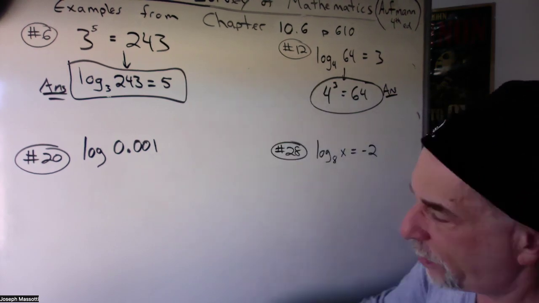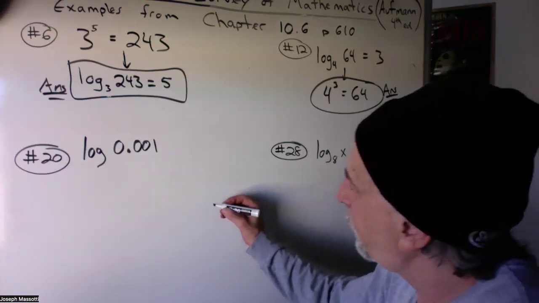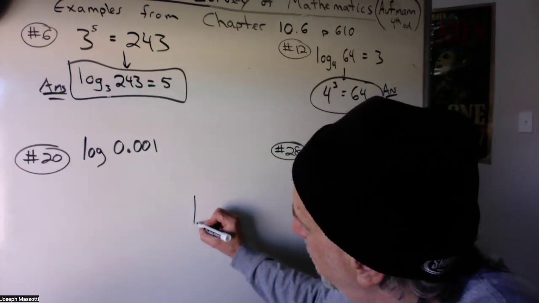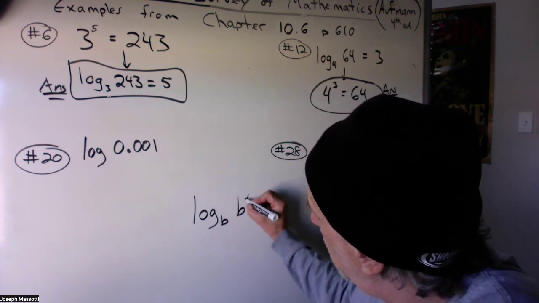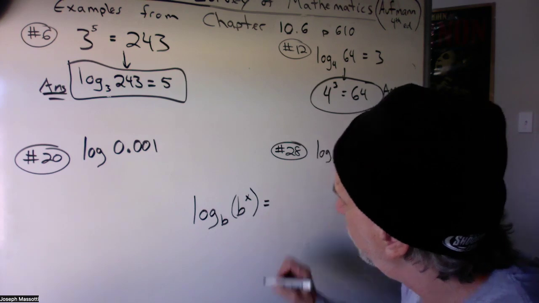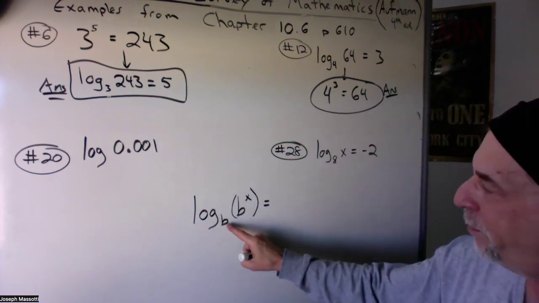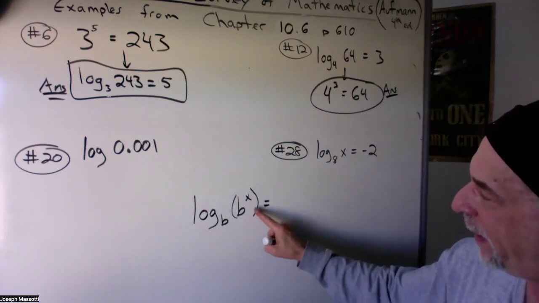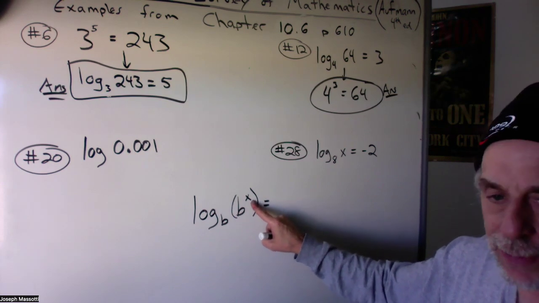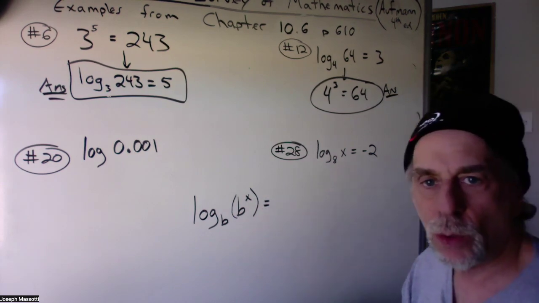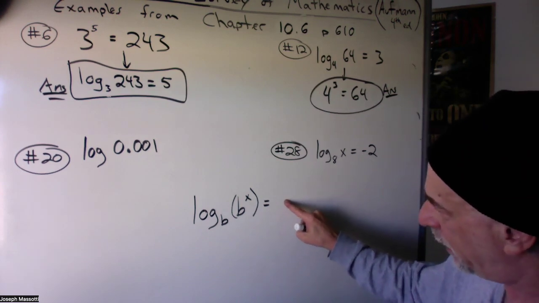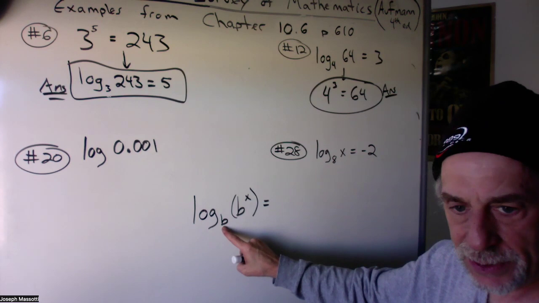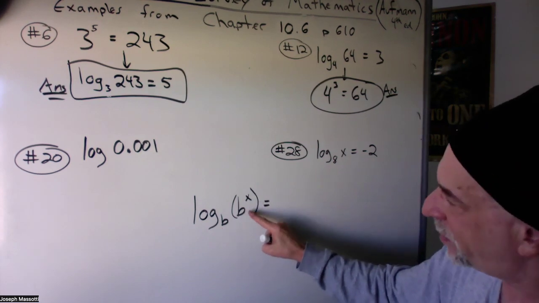And another incredibly helpful little relationship is this. If we can create this situation, say logarithm base b, and have the result be b raised to some exponent. Well, again, think about what we're asking here. We're saying what exponent do I put on this base to get this result?